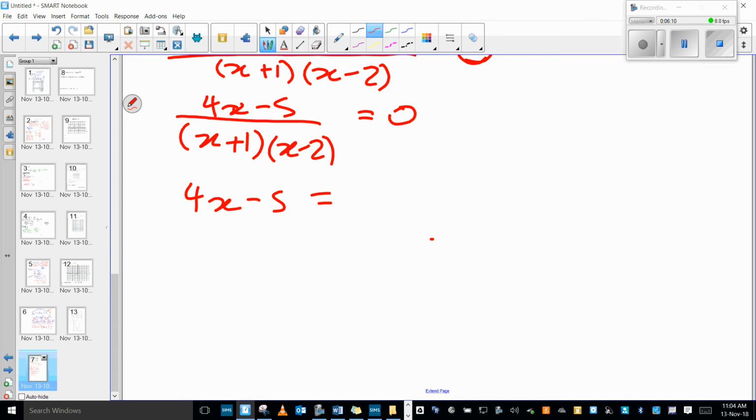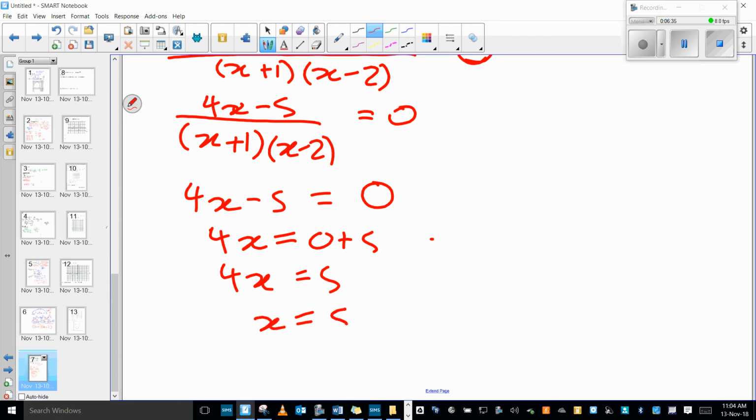Then you can rearrange this so you get 4x equals 0 plus 5, and then x equals 5 over 4, and that is 1.25. Awesome. Thank you.